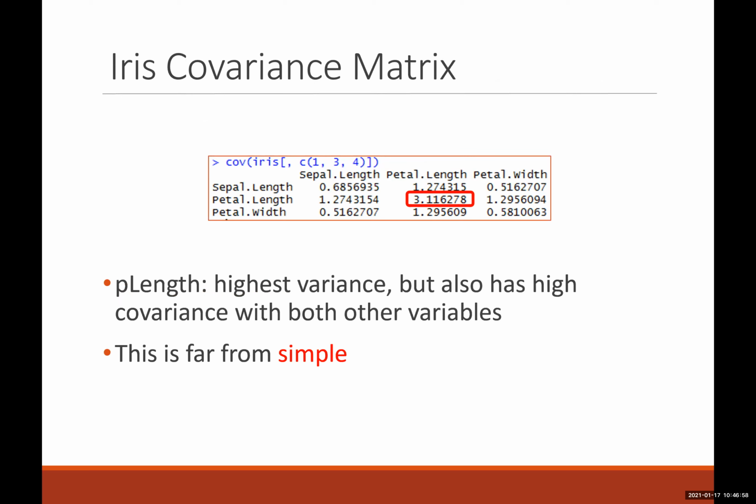So let's see what that means. If we're looking at an iris covariance matrix, we'll see that the highest variance on the diagonal is petal length. What does that mean? Well, within petal length, some of the petals are really small. Maybe they're just growing, and other lengths are really long. If you have a petal that was just sprouting in spring, it's just a little bud and slowly growing.